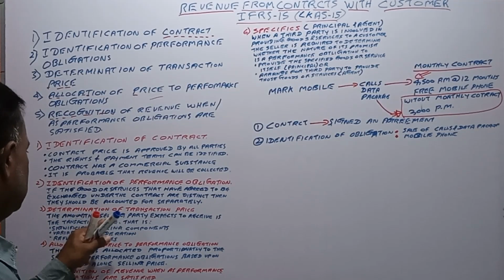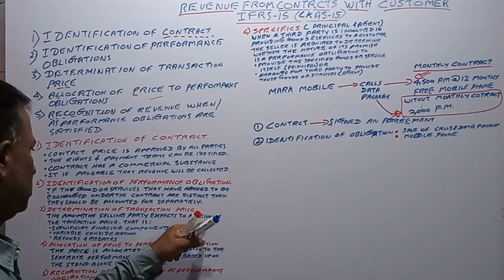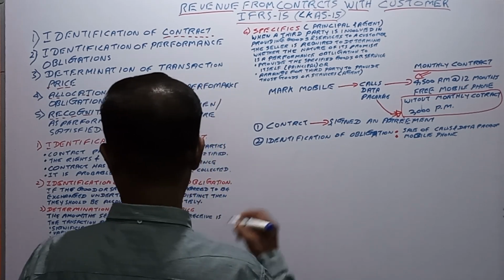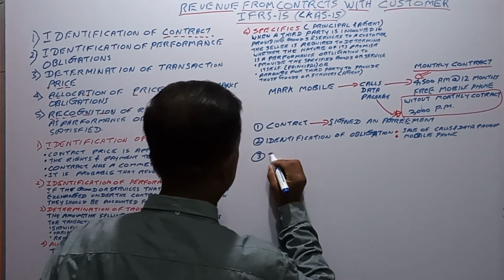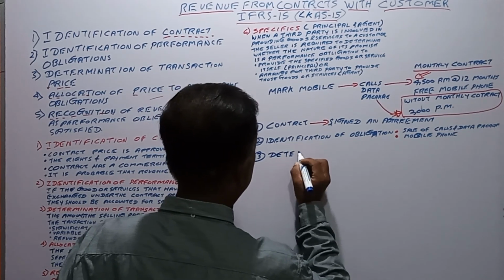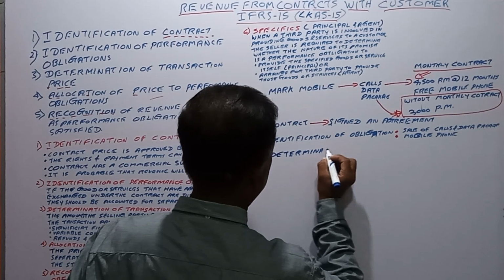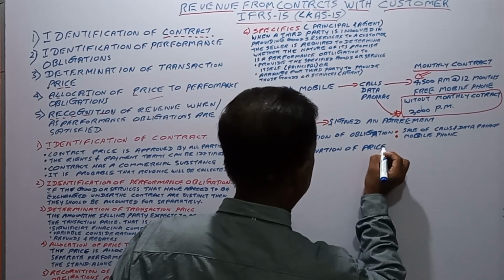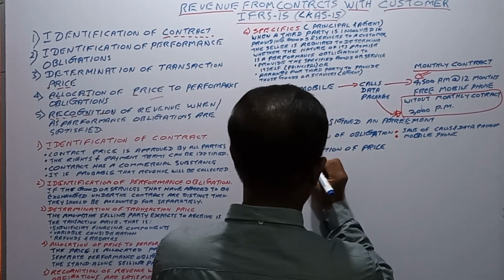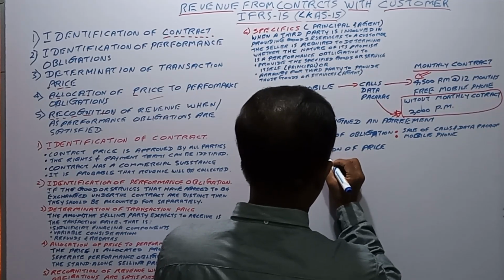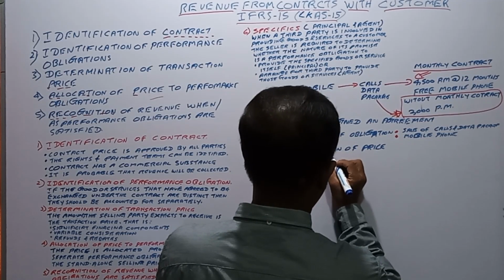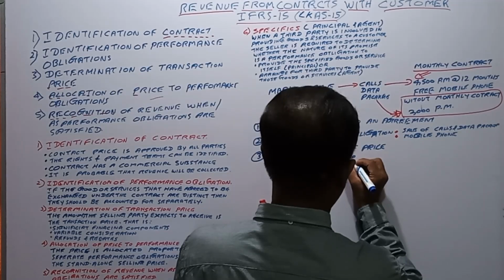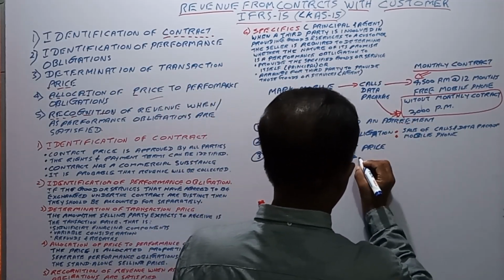The amount the selling party expects to receive is the transaction price. Determination of price. Yes: calls and data package plus phone, this is one package plus phone.